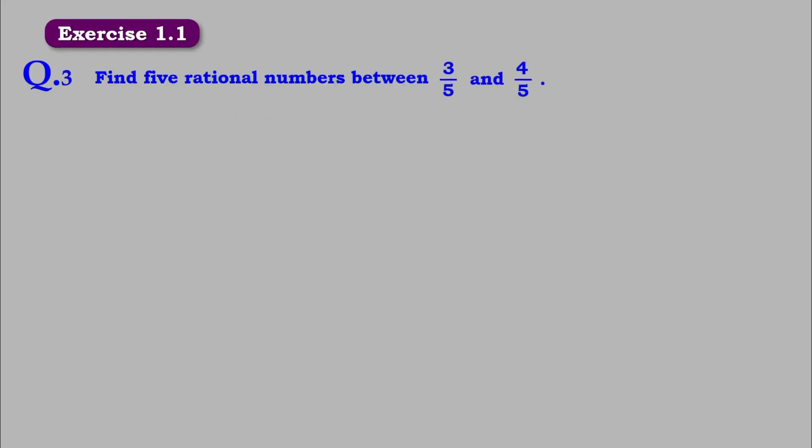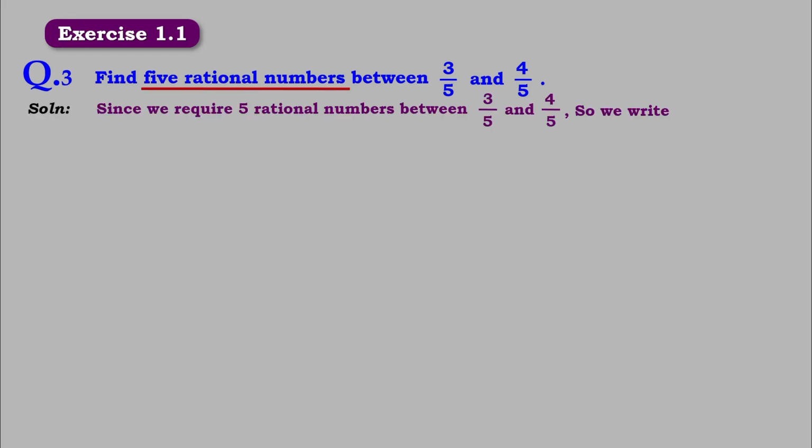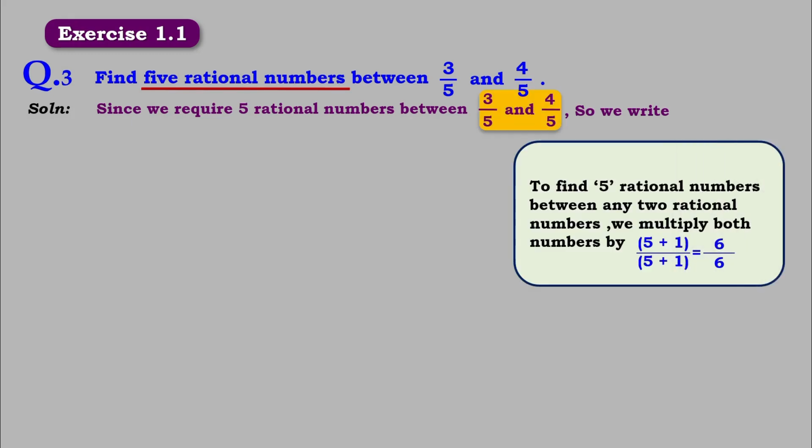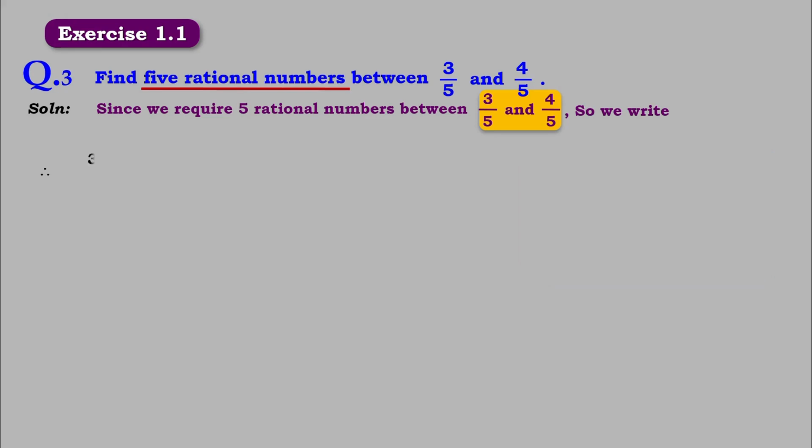Now another question. Find 5 rational numbers between 3 by 5 and 4 by 5. Here we need to find 5 rational numbers. To find 5 rational numbers between any two rational numbers, we multiply both the numbers by n plus 1 by n plus 1, that is 5 plus 1 by 5 plus 1, that is 6 by 6.